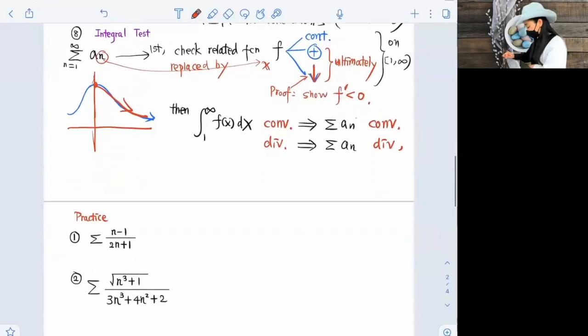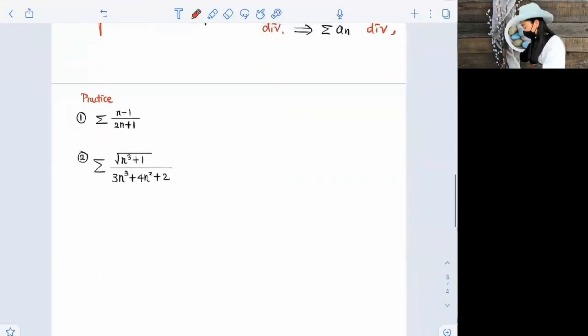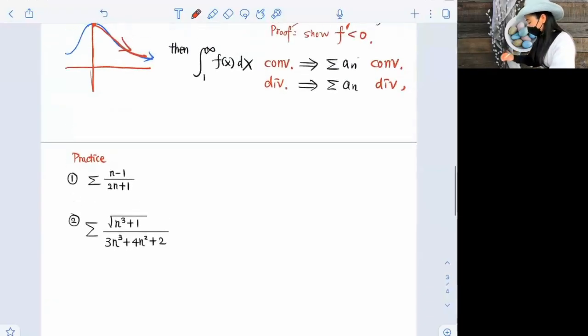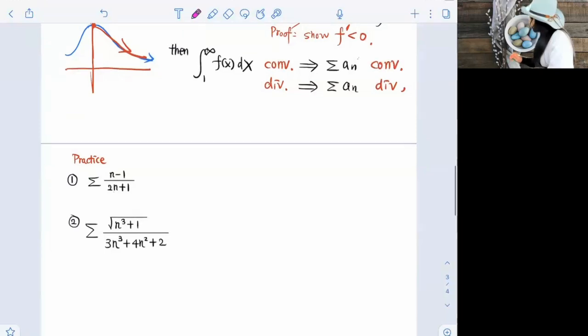Now maybe we just briefly do this. Just tell me what test, okay? Just looking at this, can you tell me which test you use for the first one? Remember the easiest one is the n-th term test, right?